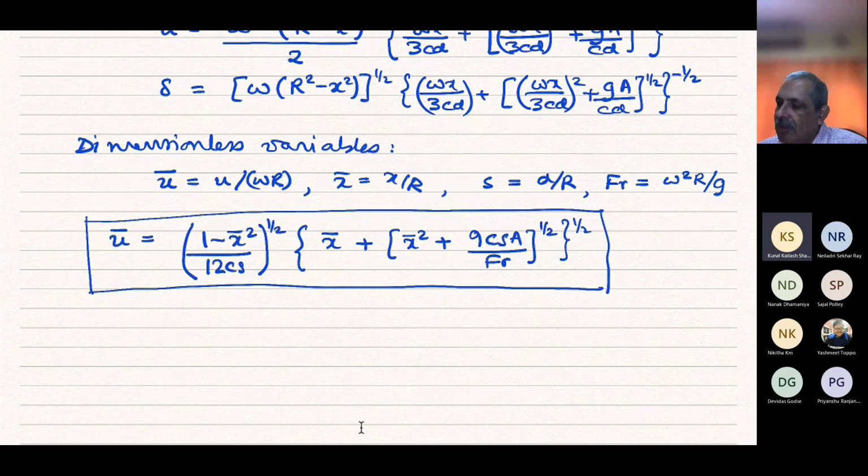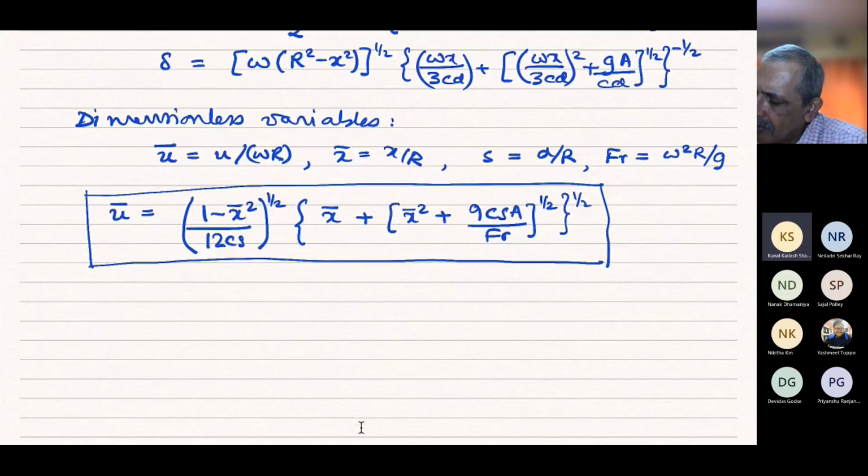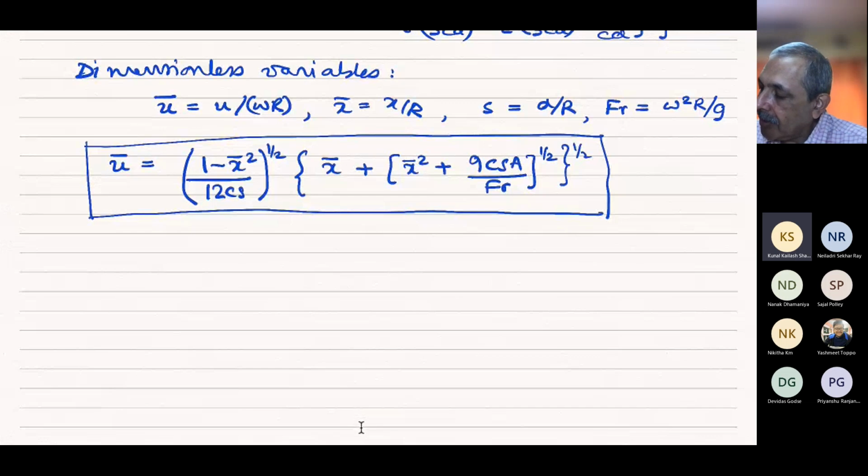Now what happens is that, like we could have done this even in the earlier equations, but you get something quite simple. We had said that when the Froude number is 1, you essentially have centrifuging.